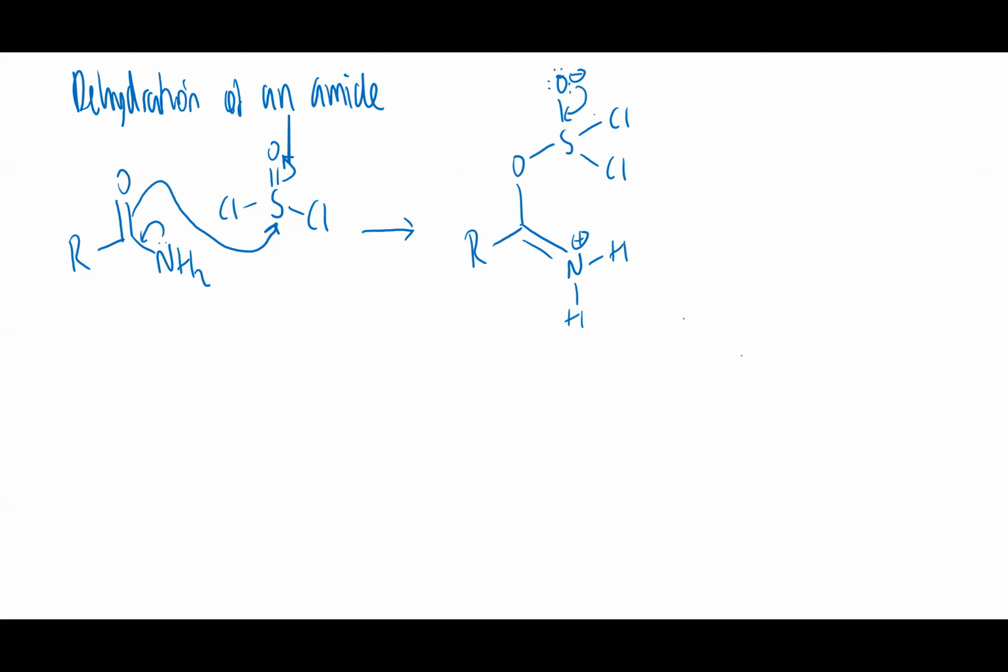So in this case, we lose a chloride here. And so this is very similar to the mechanisms we've seen for thionyl chloride and other reactions like making alkyl chloride or making an acid chloride.